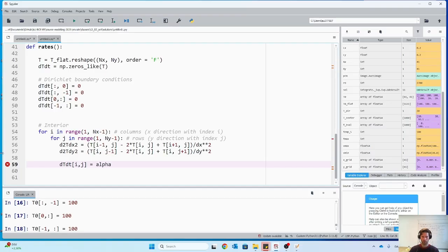And here we have to remember that we multiply by alpha times these two terms. So what we have here is the description of the pure conductivity in the plate. But we must not forget that we also have some heat loss from the surface of the plate.